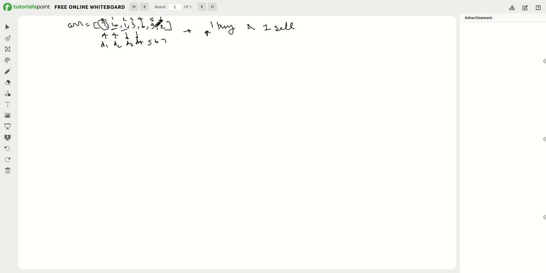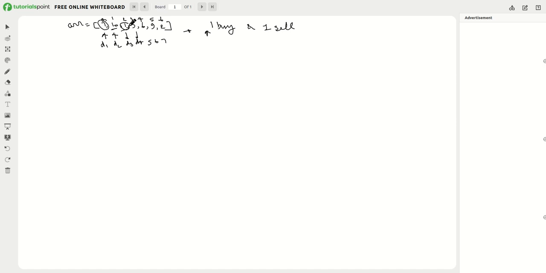So what is the possible combination where we will gain the maximum profit, right? When will we buy and when will we sell the stock? So we will buy where the minimum stock price is, right?